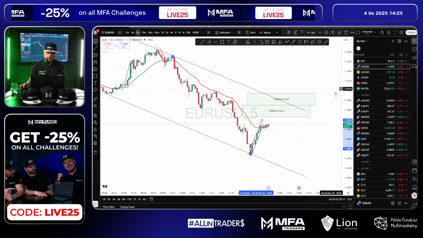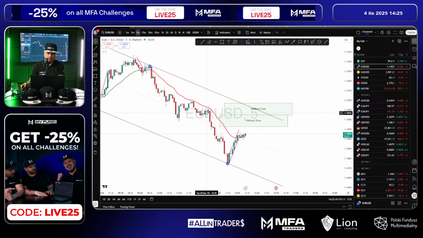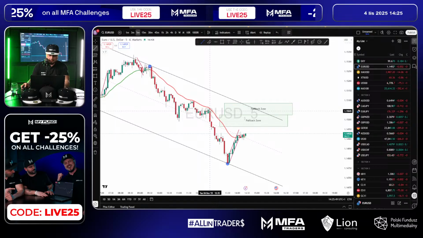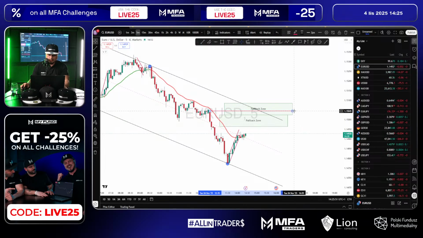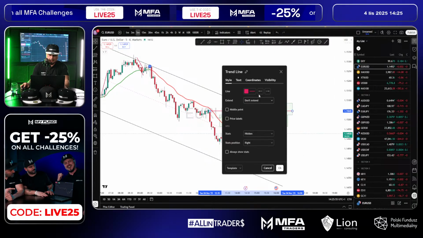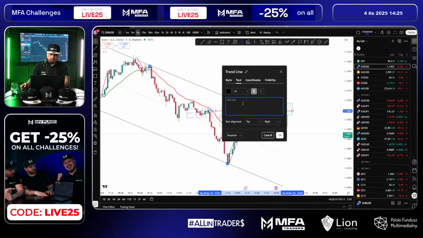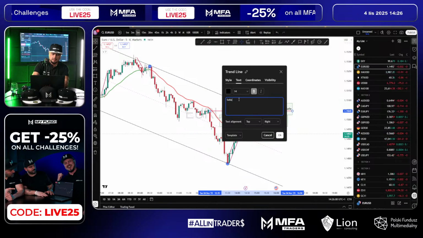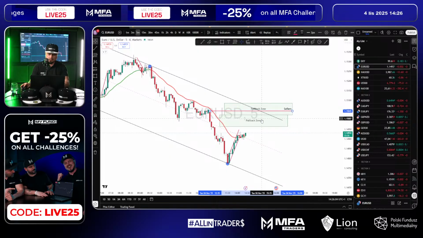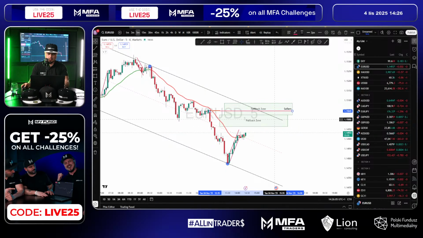Okay, let's have a look on the left hand side. Around this area over here, this level, let's say, sellers came into the market. So if we got sellers over here, it's close to our area.